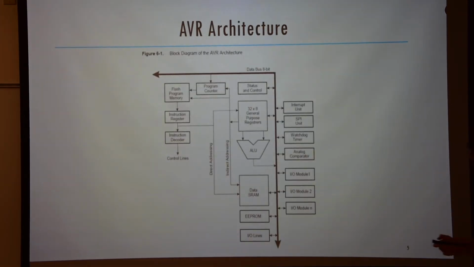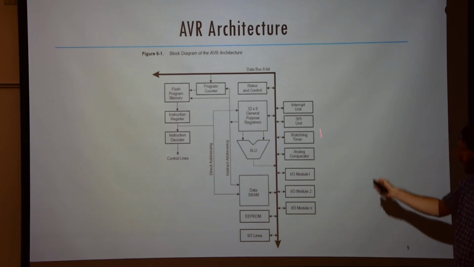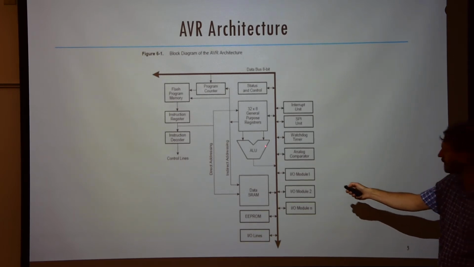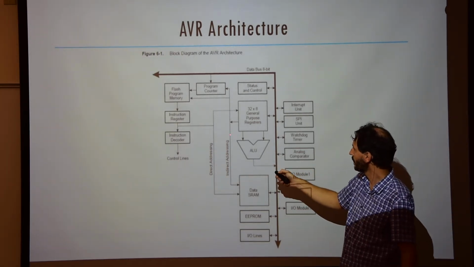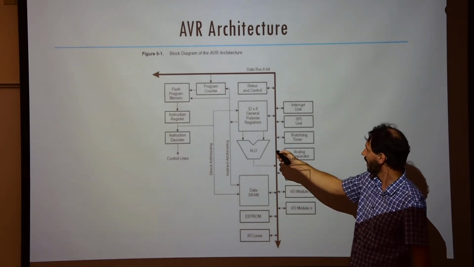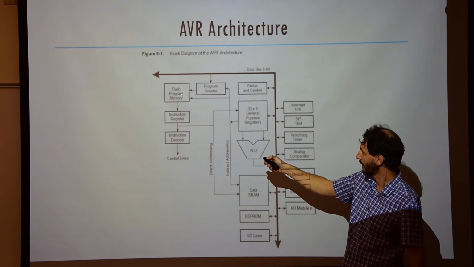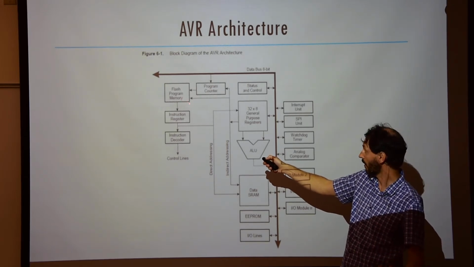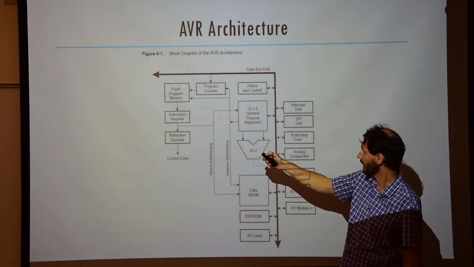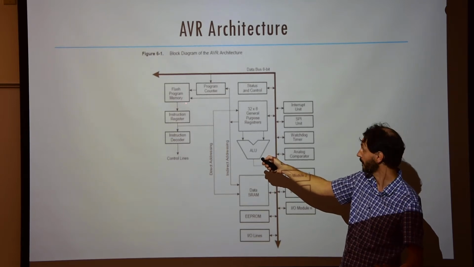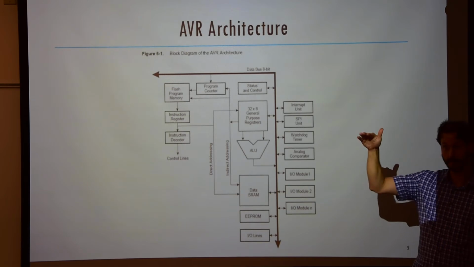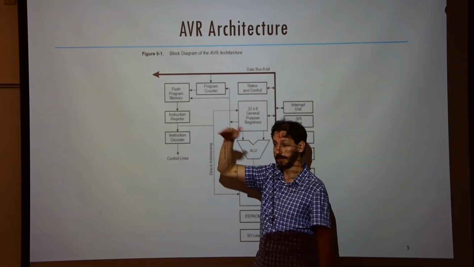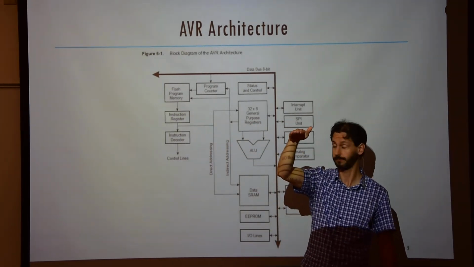Now, if you look at the architecture, what do we see here? So here we see the general computing unit, right? And first of all, you get your instructions from flash program memory. There's a program counter. The program counter is telling you where in this address space I am with my execution.